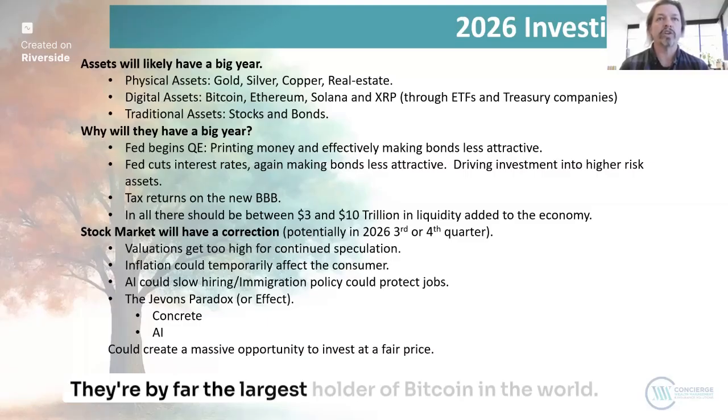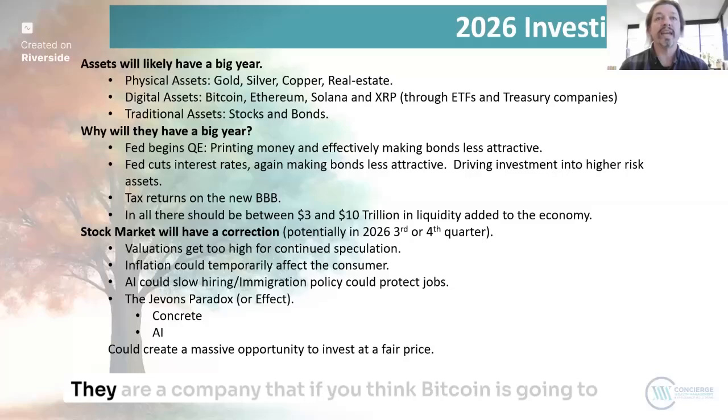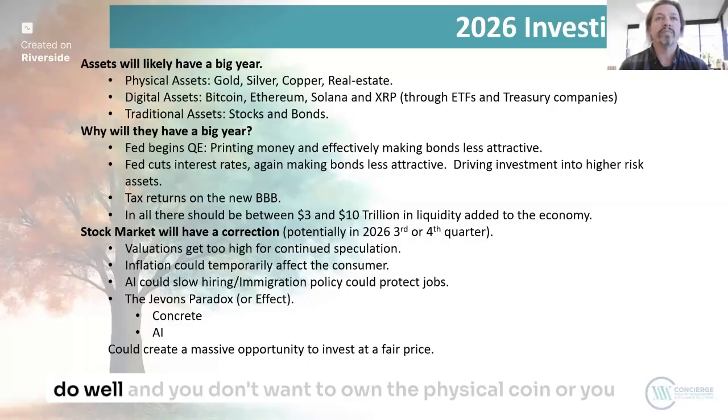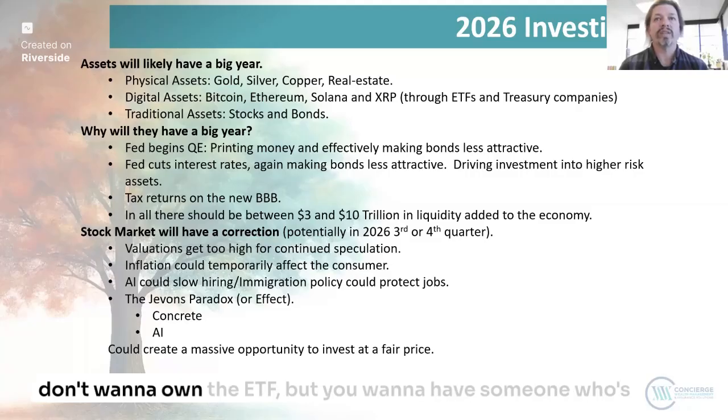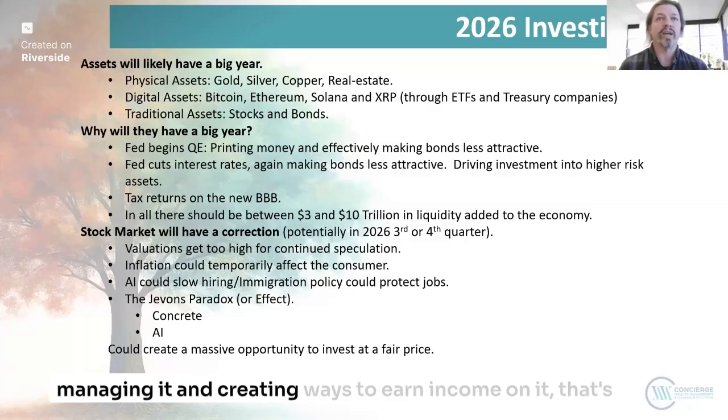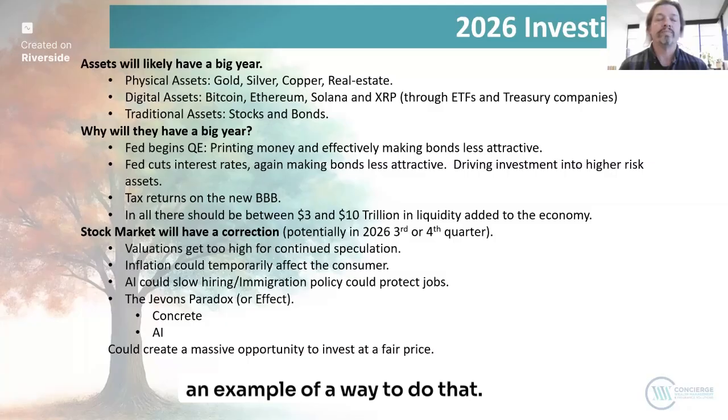They're by far the largest holder of Bitcoin in the world. If you think Bitcoin is going to do well and you don't want to own the physical coin, or you don't want to own the ETF, but you want someone who's managing it and creating ways to earn income on it, that's an example of a way to do that.